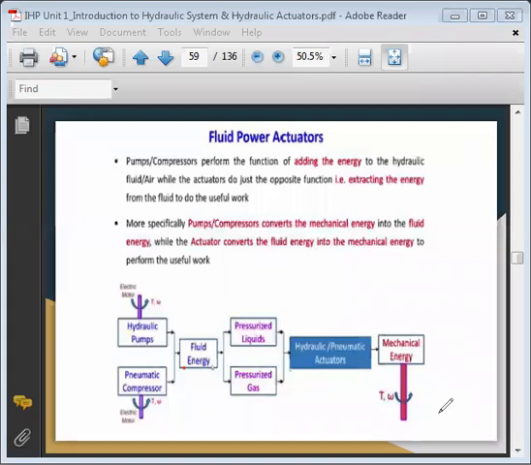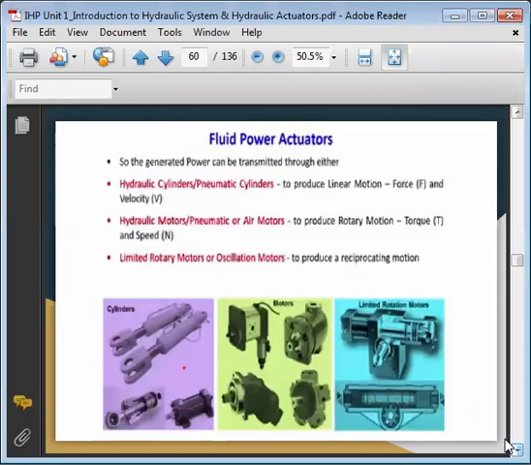See, here I have shown that the hydraulic cylinder or pneumatic cylinder produces the linear motion.